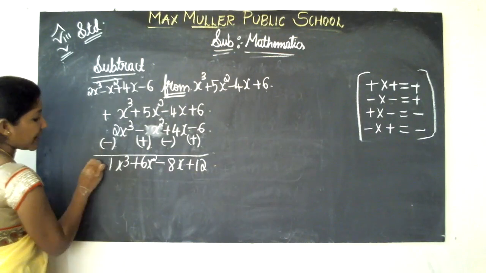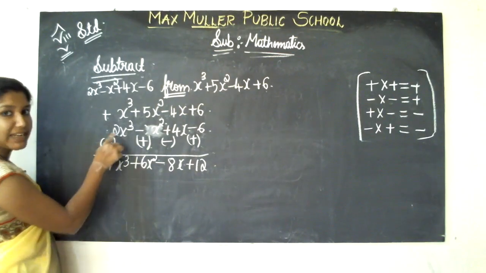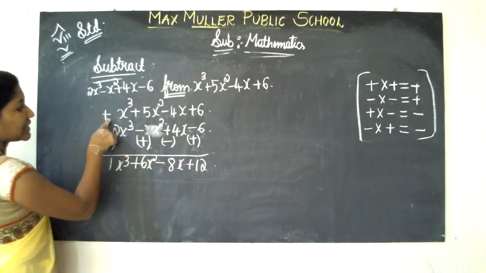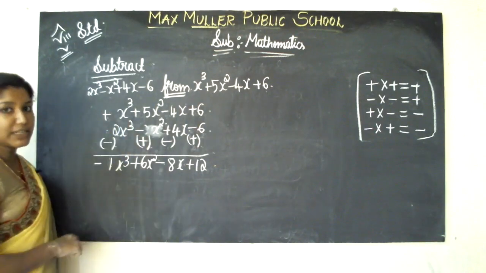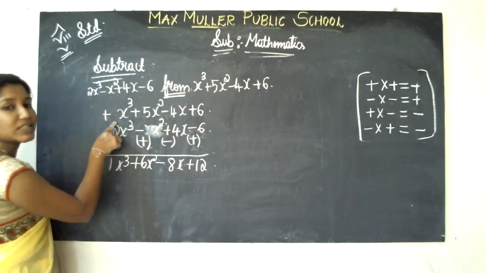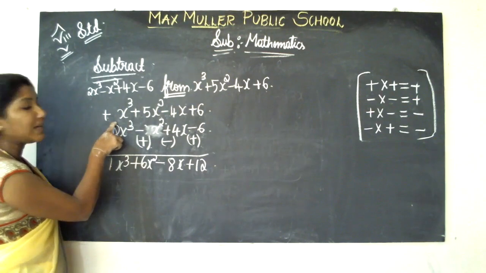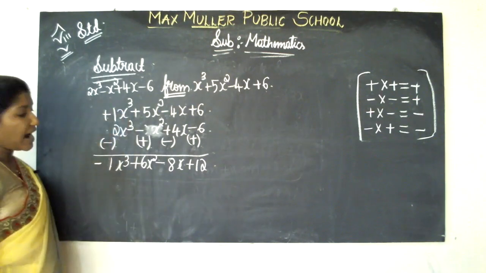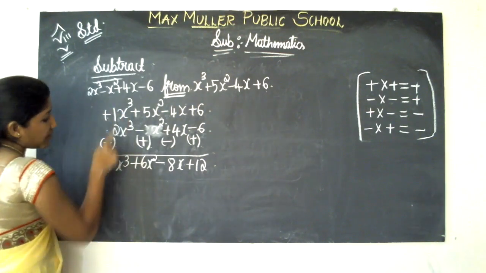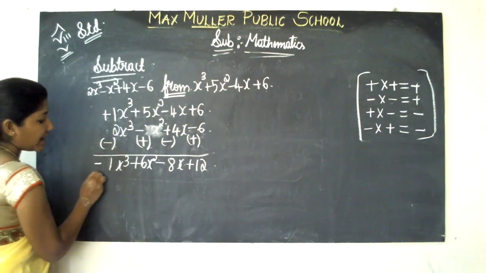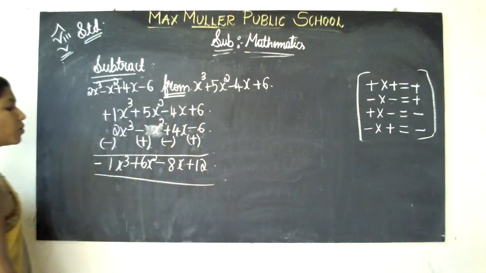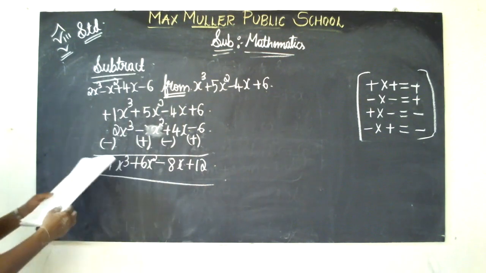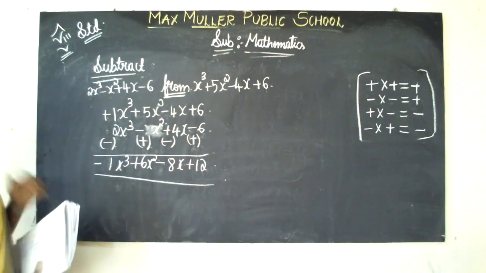The greater number sign is minus. Is it not? Minus 2x cube is greater than plus x cube. Here no value is there next to the variable. It is understood, it is 1. Understood? So 2 minus 1, it is 1. So your answer is minus x cube plus 6x square minus 8x plus 12.